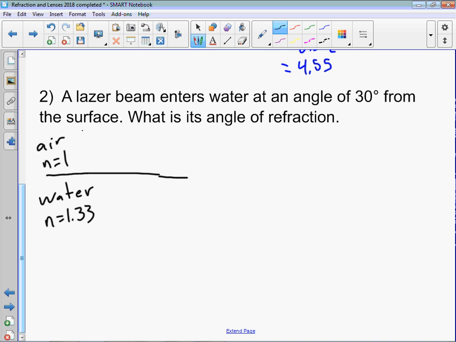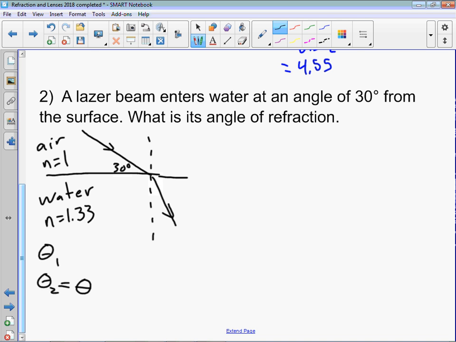And read your question really carefully. The light ray comes in here at 30 degrees to the surface. But remember, it's going to bend, and we know with water it's going to bend towards the normal. So there's our normal. So when we're writing down what theta 1 and theta 2 are, well, theta 2 is what we're trying to calculate.